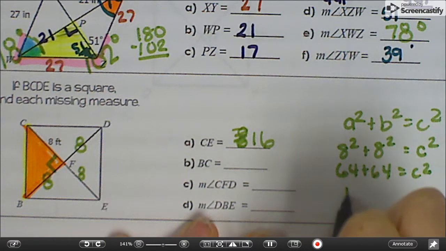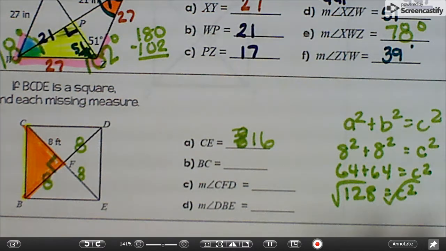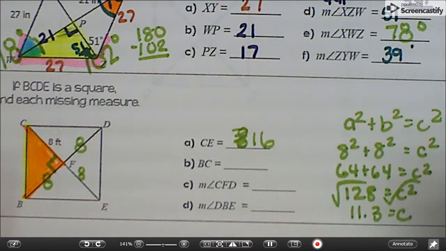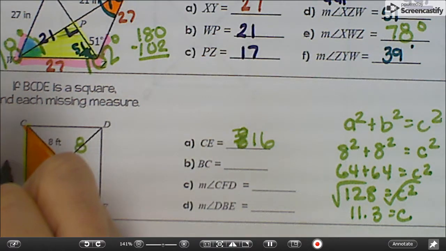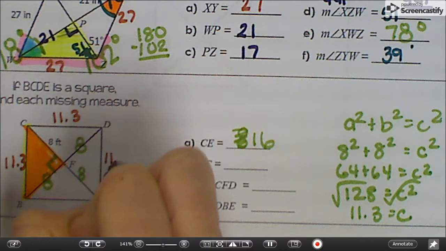And you know how to do this. All right, so C is 11.3, or that side. Which really means all of these are, by the way, because it's a square.